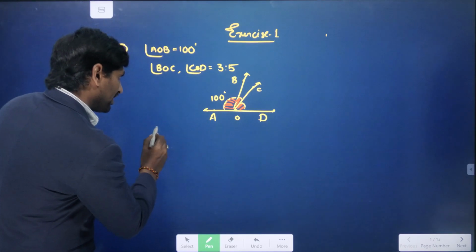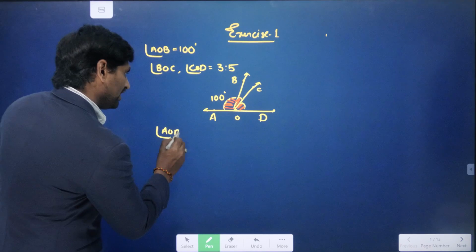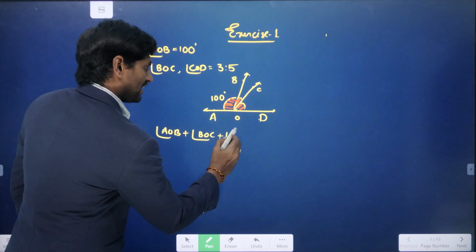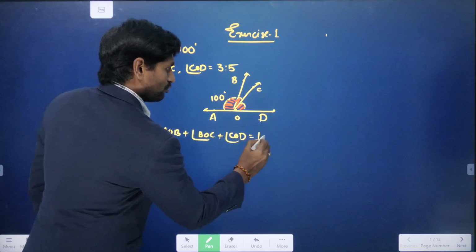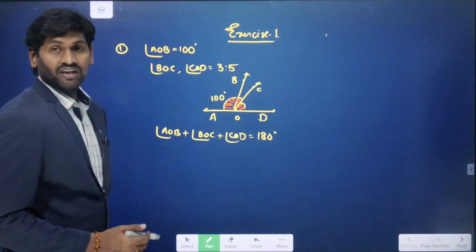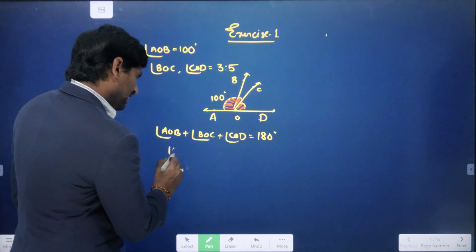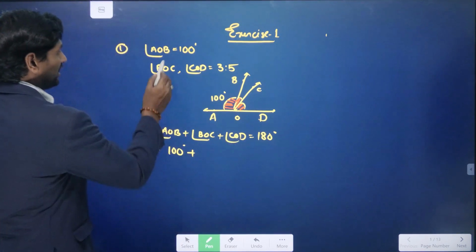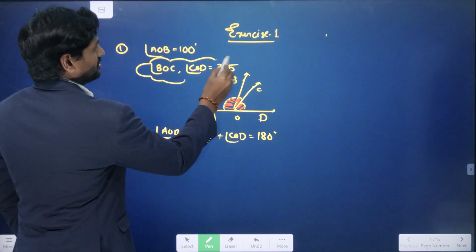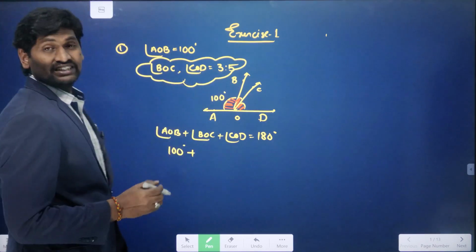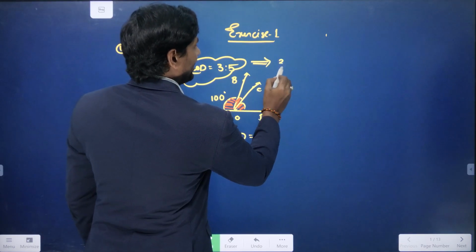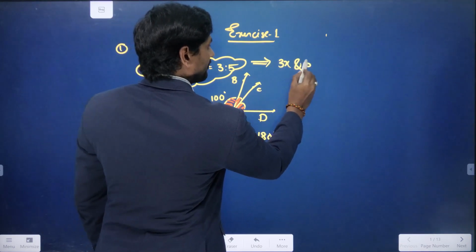So from the figure we can write angle AOB plus angle BOC plus angle COD equals 180 degrees. We know AOB is 100 degrees, and BOC and COD are in the ratio 3:5, so we can consider them as 3x and 5x.